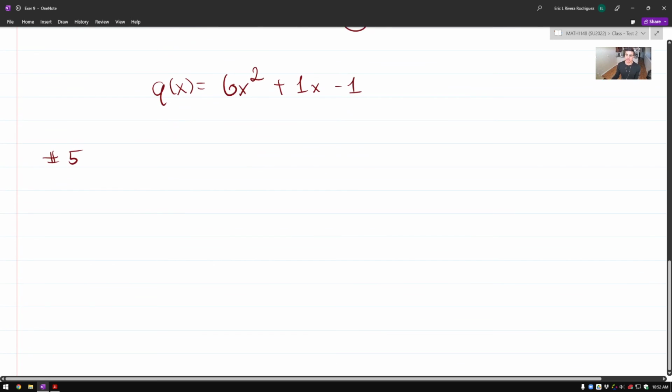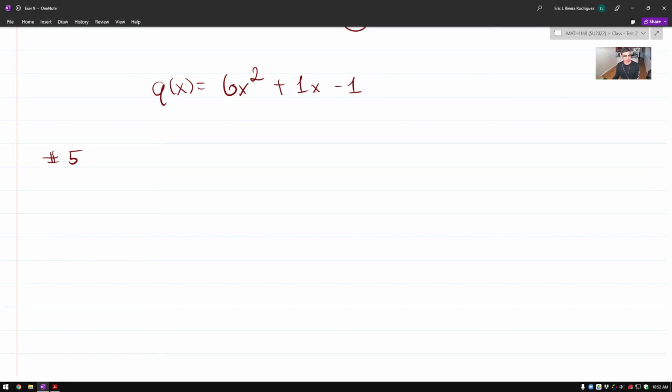The leading coefficient of this degree 2 polynomial is different than 1. I'm not going to bother with FOIL. Yes, you can do FOIL, but let's not waste time trying to find those numbers that fit with the FOIL method. Let's just do the quadratic formula.